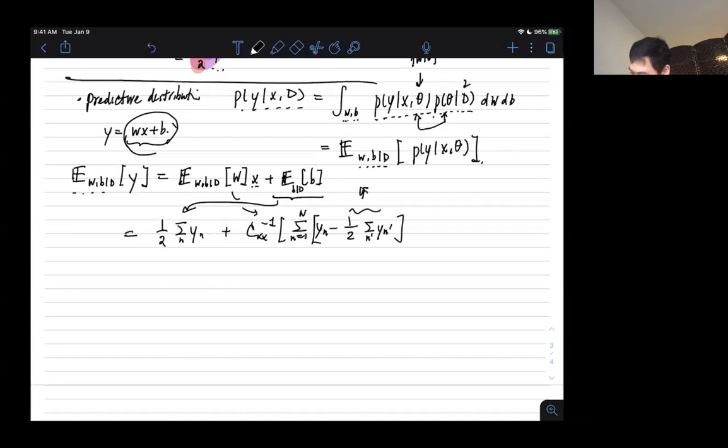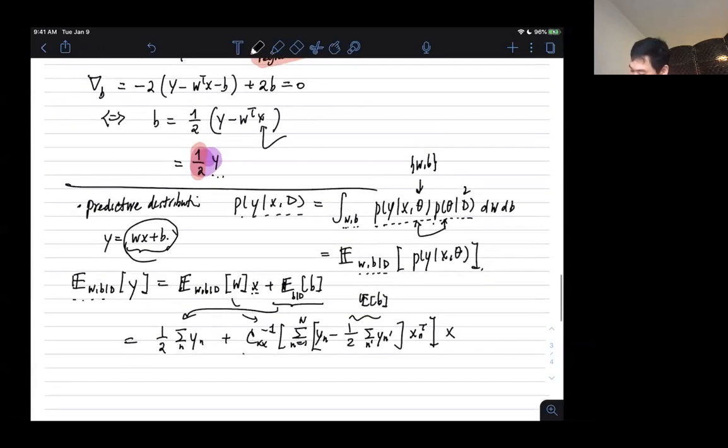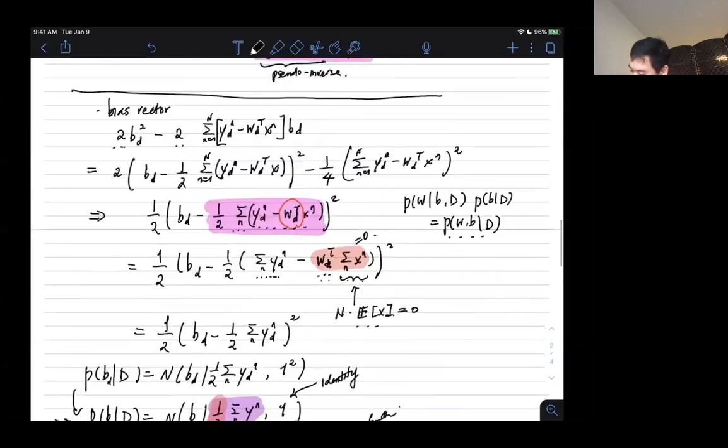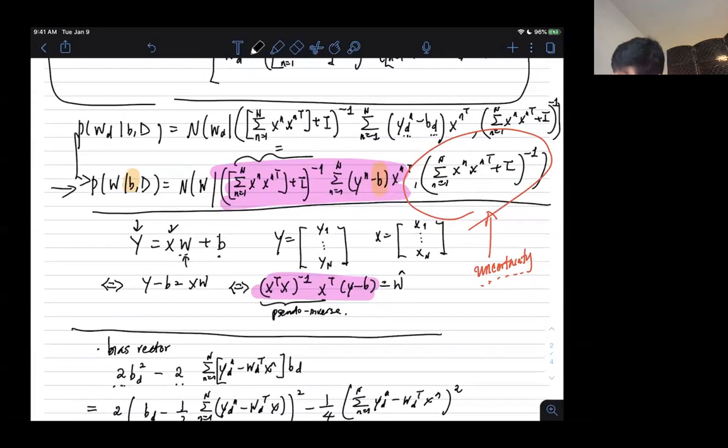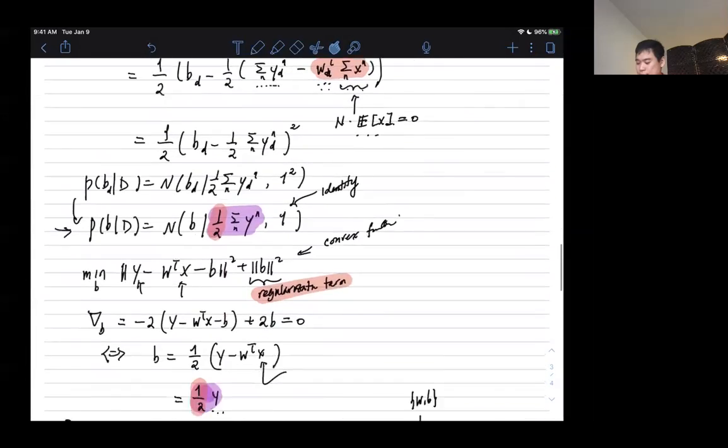This is the expectation of b. We already know that, right? And then x_n transpose, and then x. Now, what is this Cxx? We just use Cxx as a shorthand notation for this whole thing. Because we write this over and over, and the unfortunate thing is that this is really not at all easy to write down over and over. That's why we use the Cxx here.